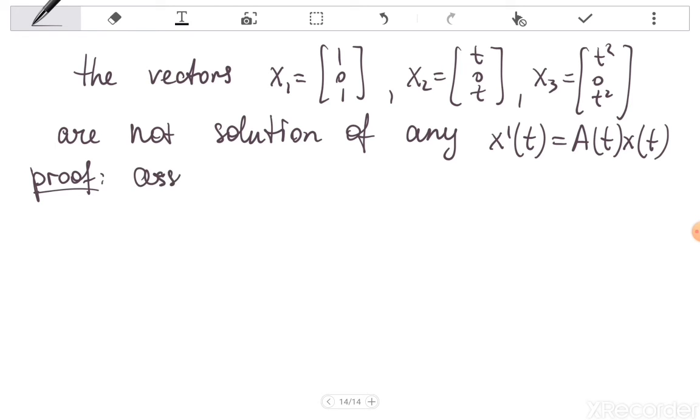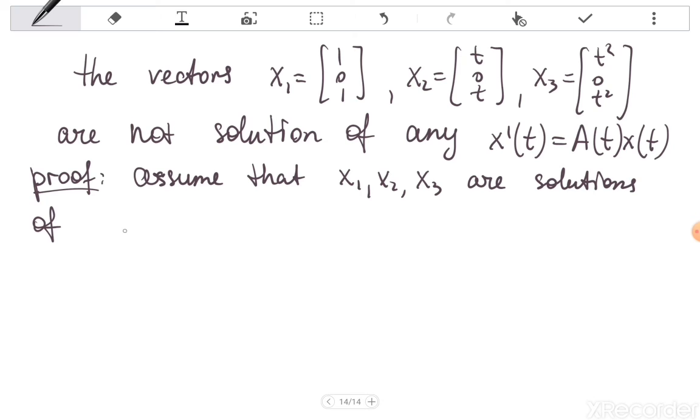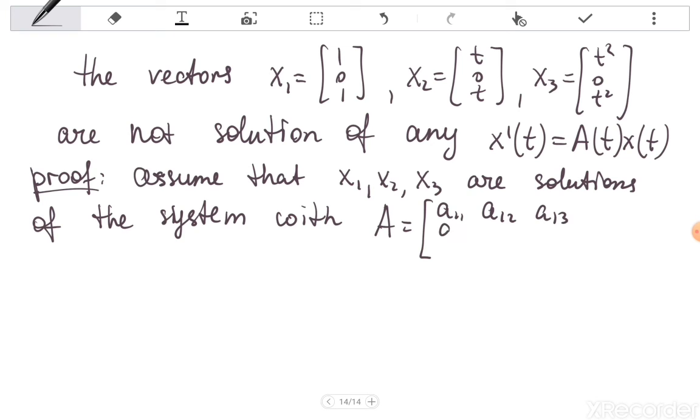Assume that x1, x2, and x3 are solutions of the system with A. Since the vector is of dimension 3, A must be a 3 by 3 matrix: A11, A12, A13, A21, A22, A23, A31, A32, A33.